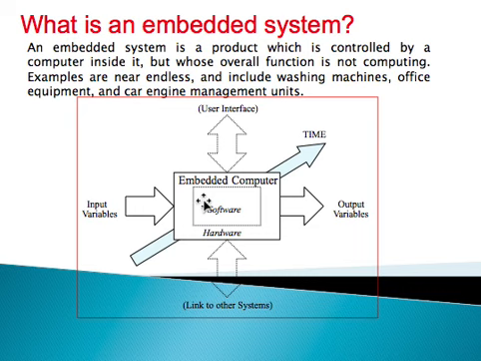Your output, for example, could be your monitor or speakers. A user interface could be software packages or a menu which helps you to do things. And other hardware could be memory, USB, and so on. So these are classified as an embedded system, which has some sort of input, output, user interface, and hardware connections.